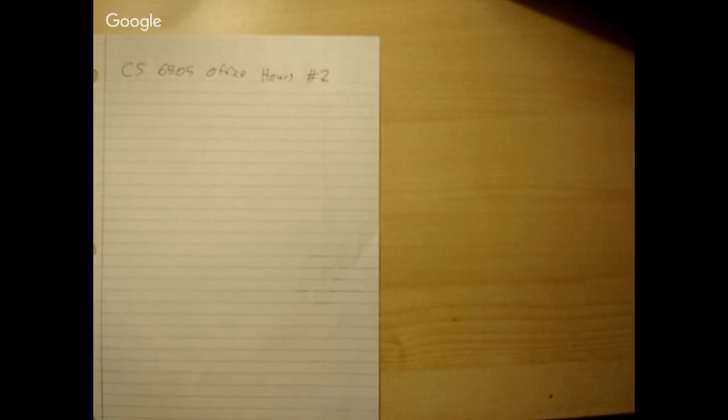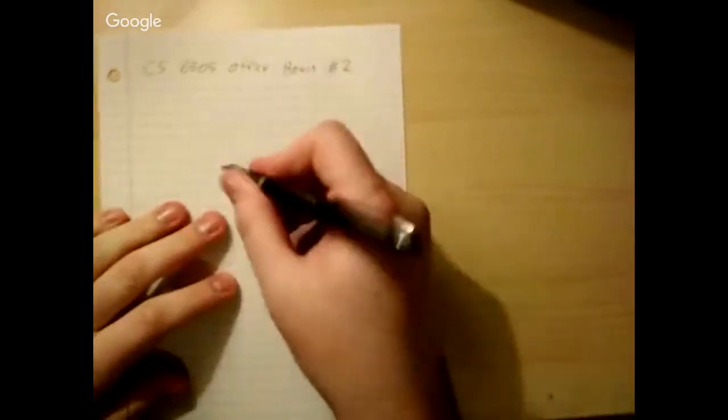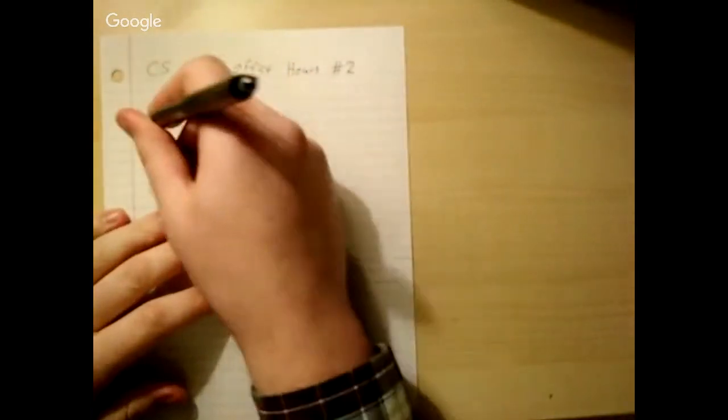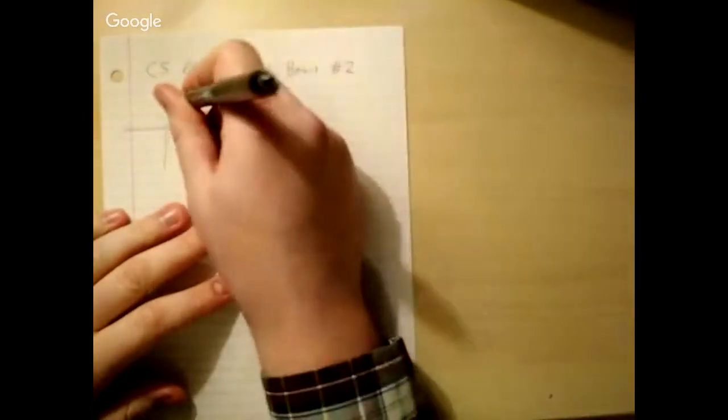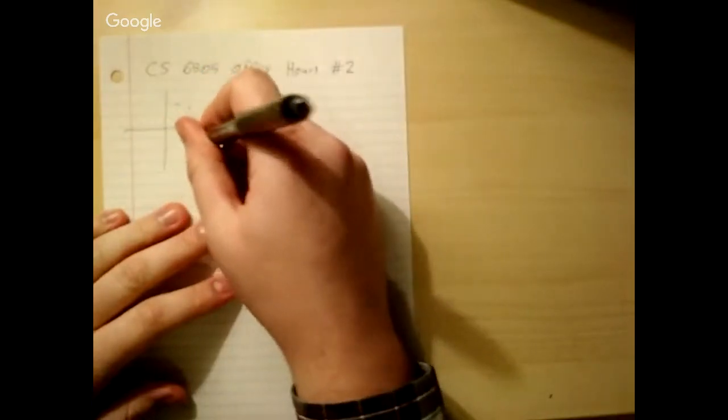And the question was asked to go over part B, which is designing the algorithm, because it's a bit confusing. So to start off with, we have a plane and there's a bunch of points, and we want to find the closest pair.